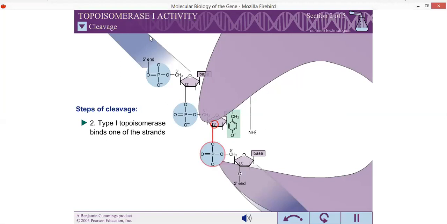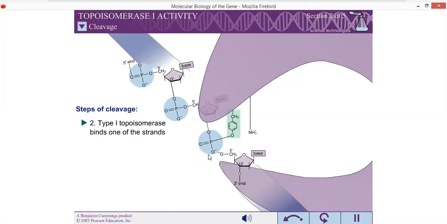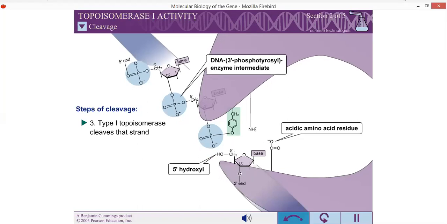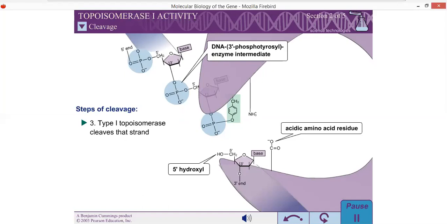The oxyanion attacks the phosphate group at the 3' position of the nearest deoxyribose, producing a DNA 3' phosphotyrosyl enzyme intermediate and a 5' hydroxyl polynucleotide. The hydrogen atom on the 5' hydroxyl is probably donated by a nearby acidic amino acid residue.